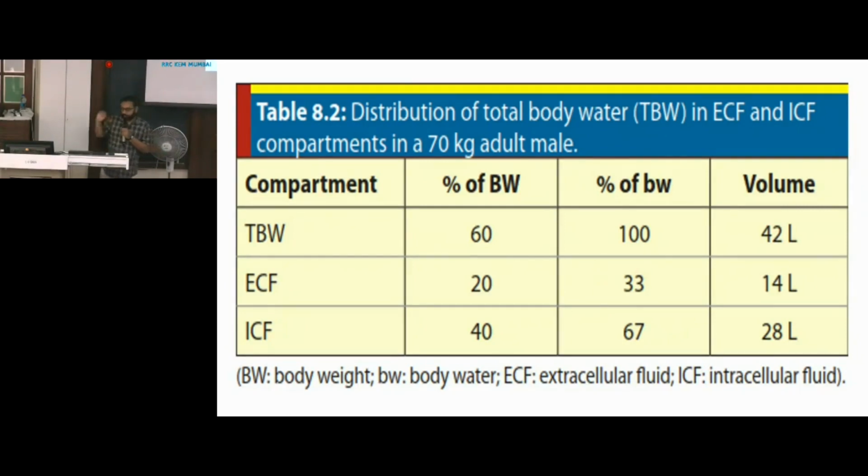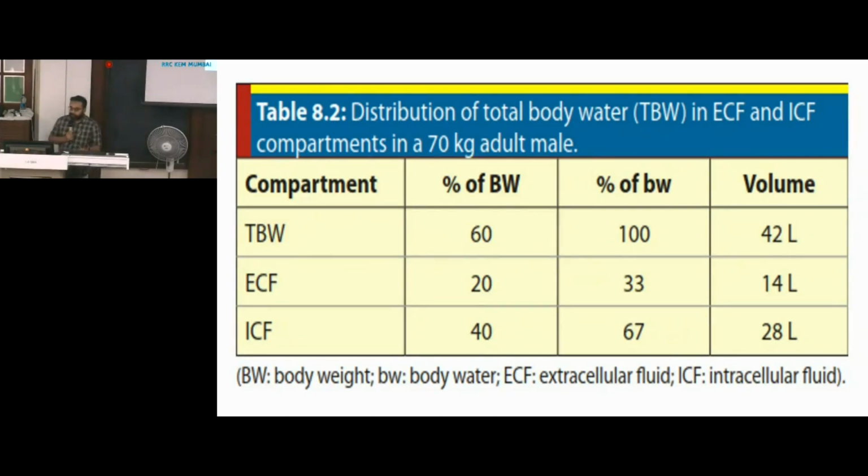Next, total body water is 60%; how much of it is ECF and how much ICF? Very good. 20% of the total body weight will be extracellular fluid, and ICF will be 40% of the total body weight, not of the 60%, but of the total body weight. 40% will be intracellular fluid and 20% will be extracellular fluid.